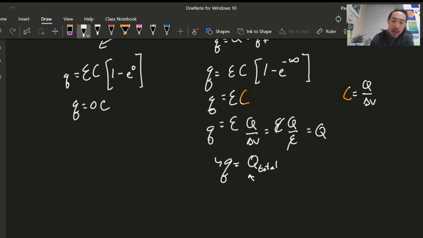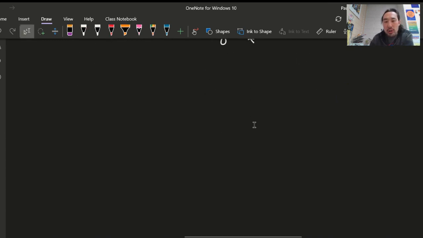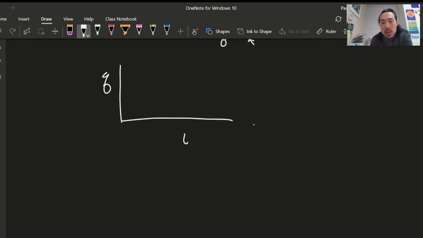So we got it. What about charge in a graph? If we take a look at charge per time, this is charging up a capacitor. At the beginning, we know that the total amount of charge will be 0, so down here, and at the end, the capacitor is going to be fully charged up over there, and it has a horizontal asymptote, right?